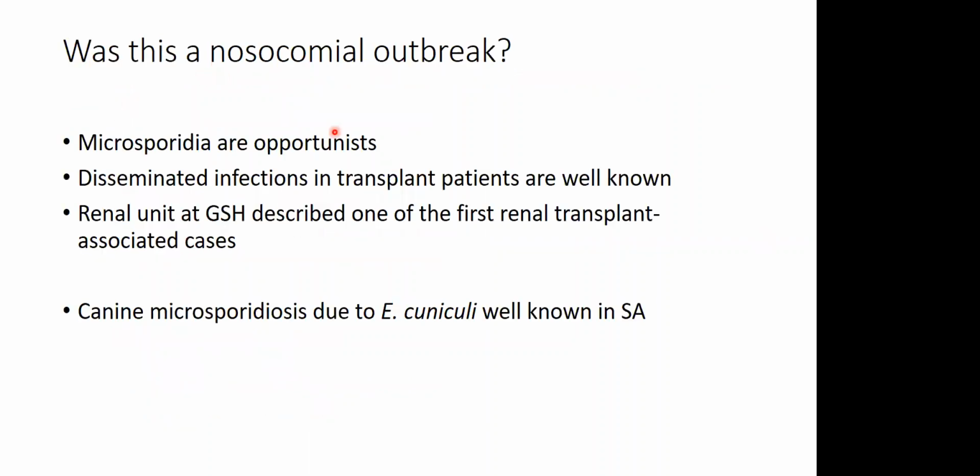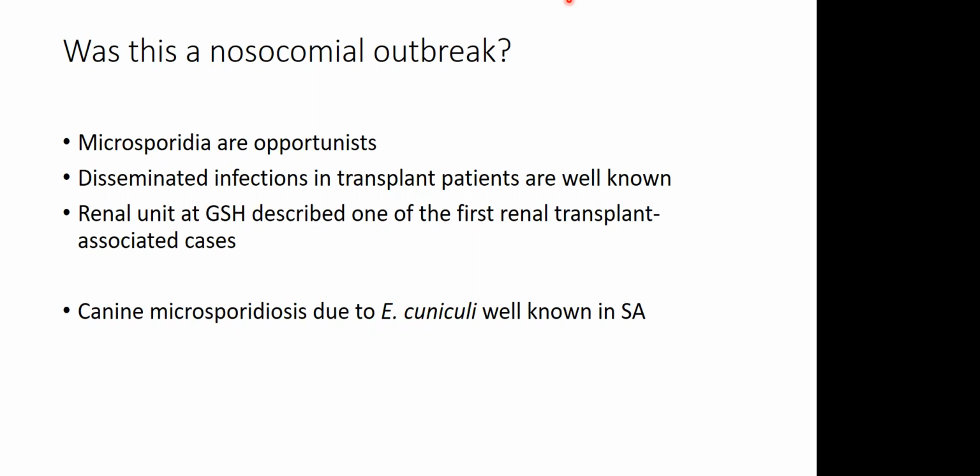So at the time, the question was, is this a nosocomial outbreak of some sort? Well, not necessarily. These are well-known opportunists, and infections in transplant patients are well-known. In fact, the renal unit some time ago at Groote Schuur published one of the first renal transplant associated cases.